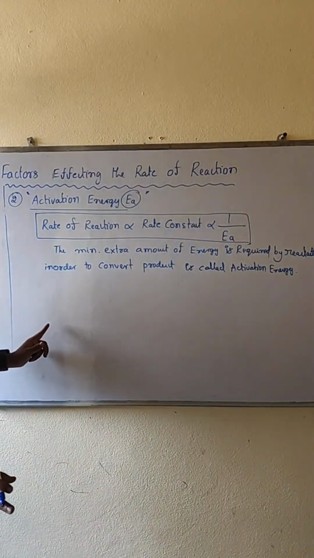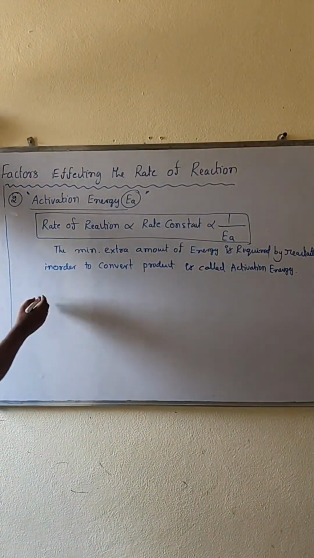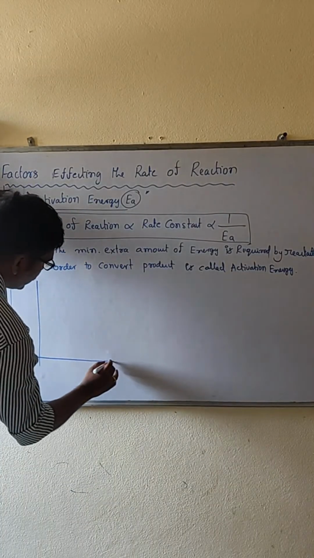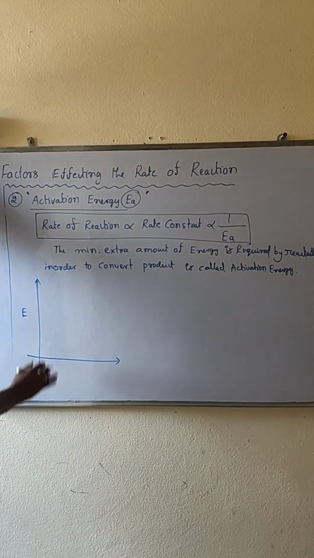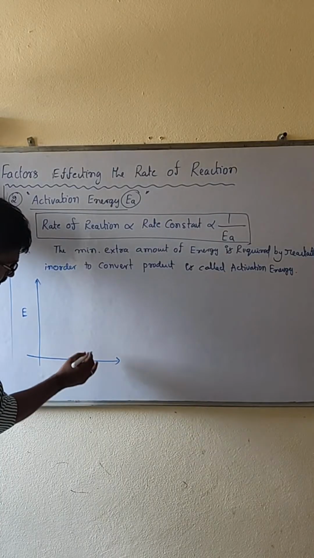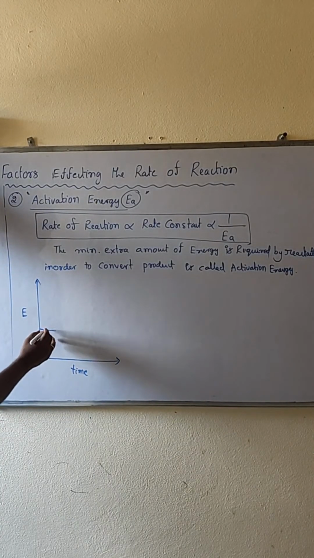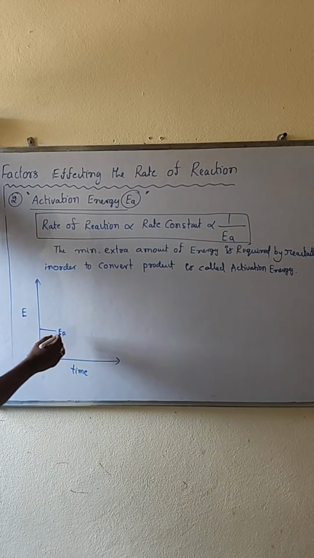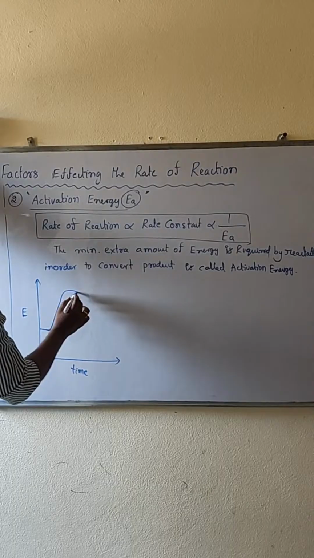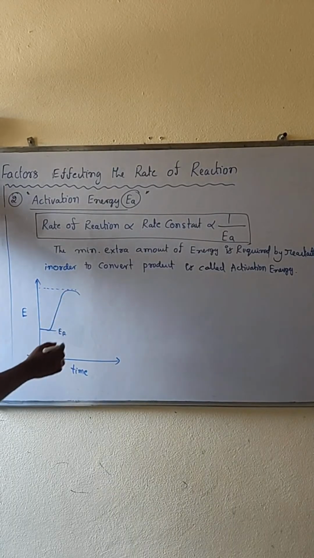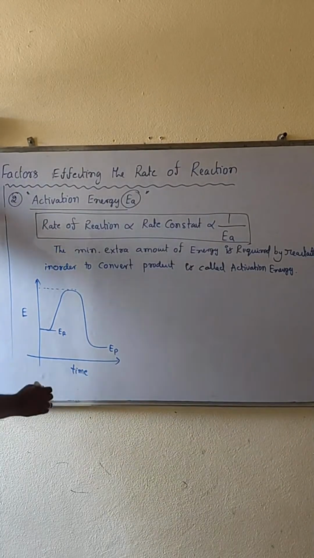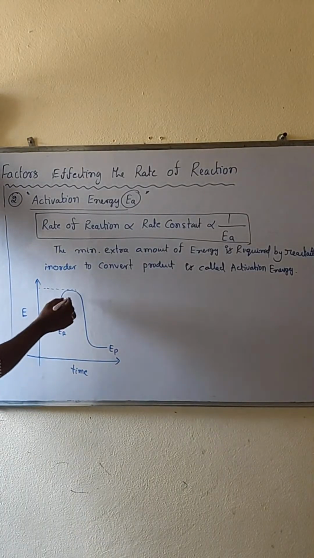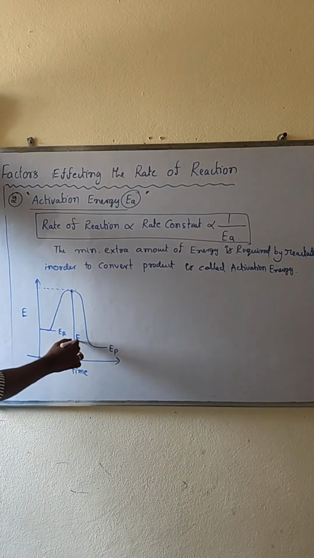So how can you calculate the activation energy actually? If you take the graph of energy against progress of time, here is the energy of reactants, then it gains some energy that we call activation energy, then products are formed, so this is the energy of product. The energy difference from zero is called threshold energy, ET.